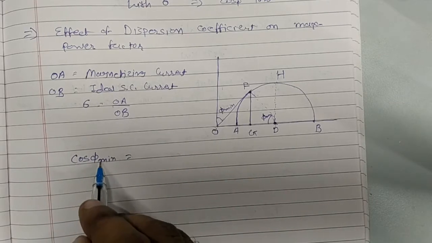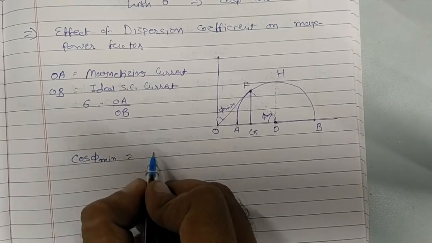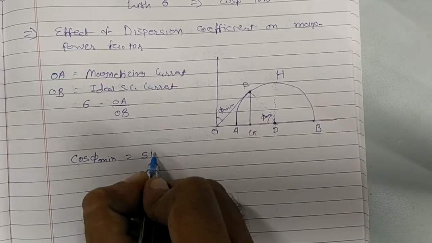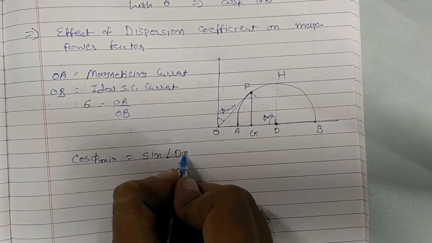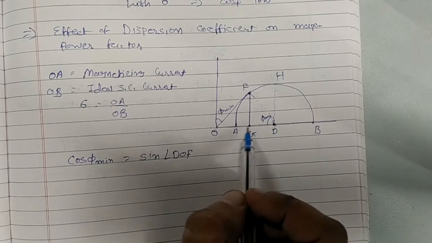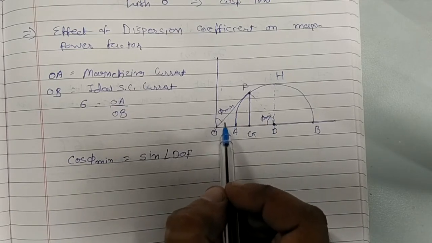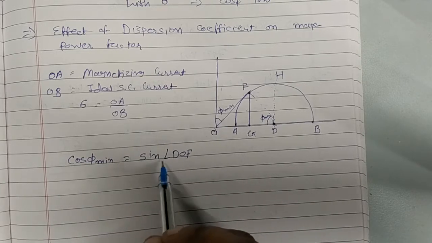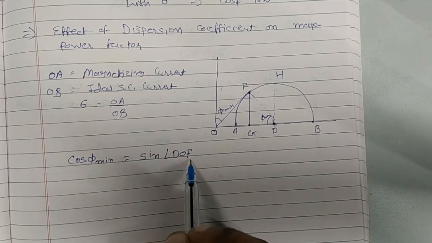Or I can say that cos phi minimum is equal to sine of angle DOF, since cos of 90 minus phi is sine phi.